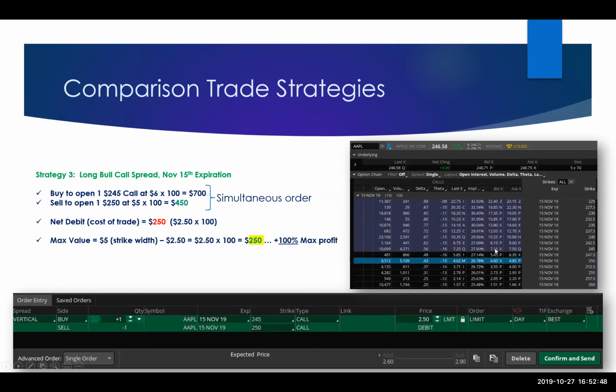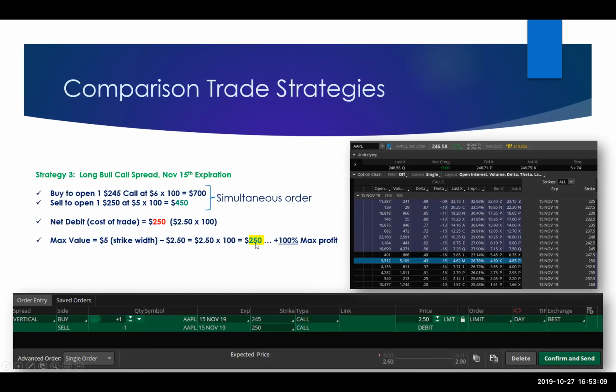So you bought it for $7 and you're selling it for about $13 now, right? So you just made $600, almost 100%. You probably had about 80%, 90% on this trade, just buying the option itself. But on the same move, you cannot make more than $250.